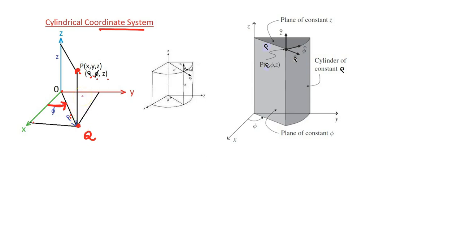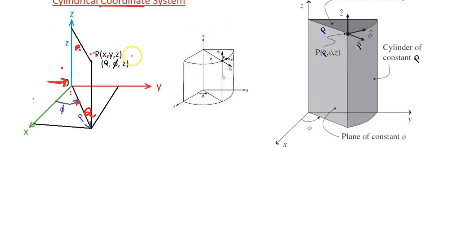So now come to the unit vectors. The unit vector along the rho axis is called a rho. How to find the unit vectors? Very simple. Keep rho constant. When you keep rho constant, and all other things are varying, phi will vary from 0 to 360 and z will vary from minus infinity to infinity.